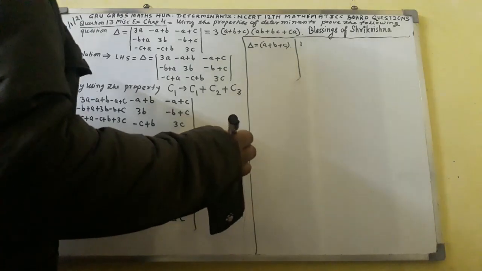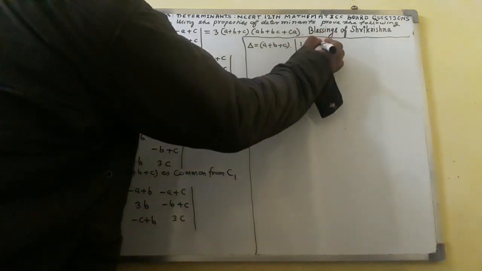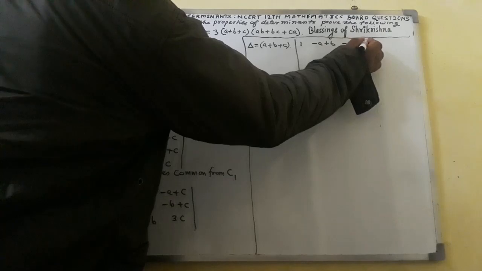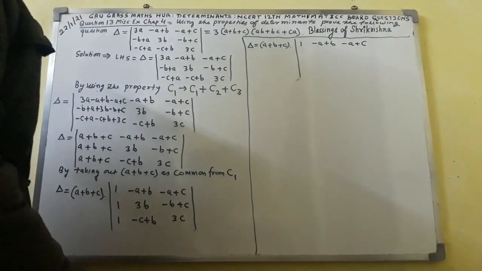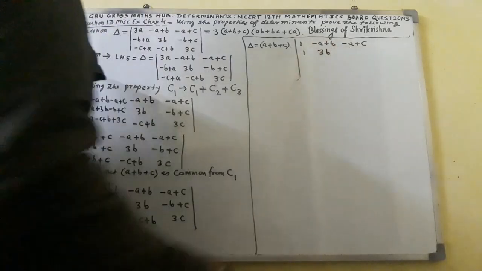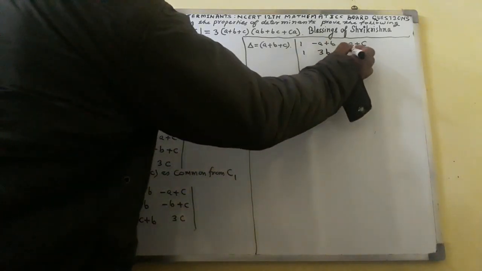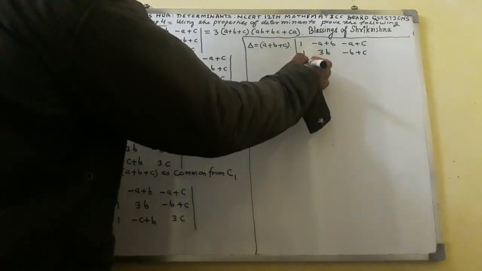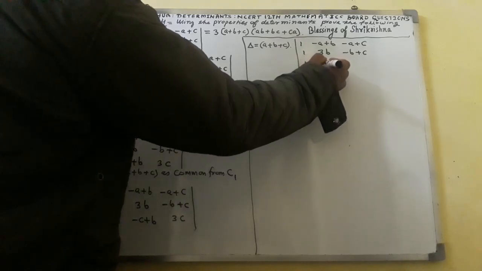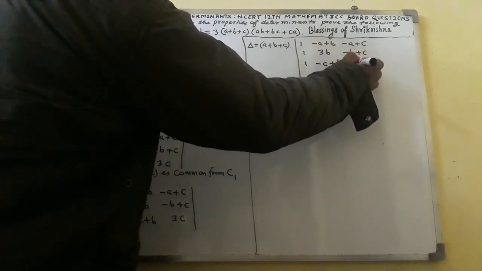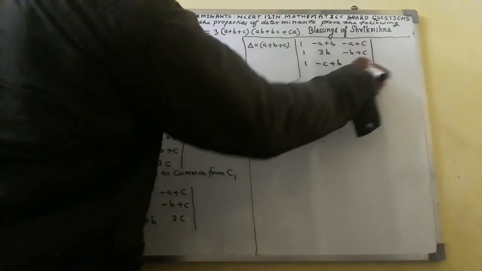Elements of the first row I shall write: 1, minus a plus b, minus a plus c. Elements of the second row I shall write: 1, 3b, minus b plus c. Elements of the third row I shall write: 1, minus c plus b, 3c.